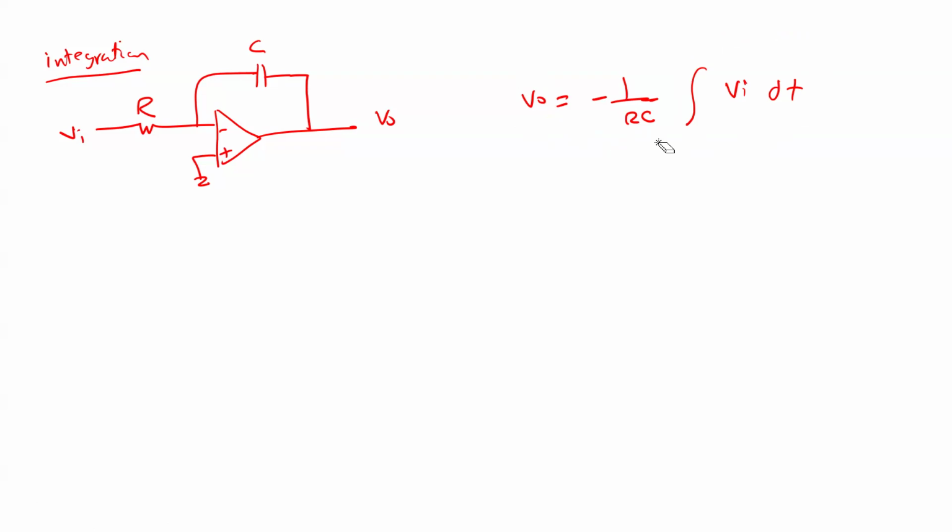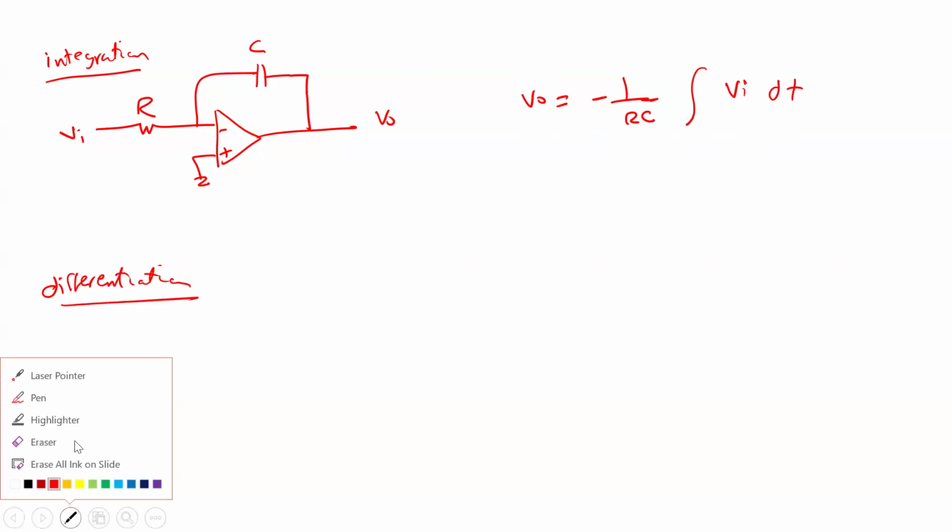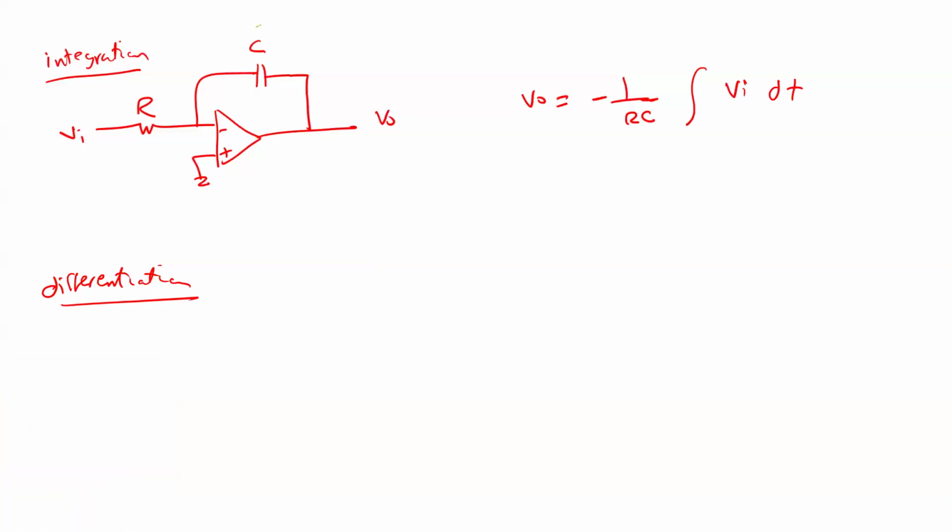Okay. Same thing here if you want to do differentiation. In case of differentiation, it's going to be exactly the same circuit. All I will do is switch: I'm going to put the capacitor here and the resistor here.